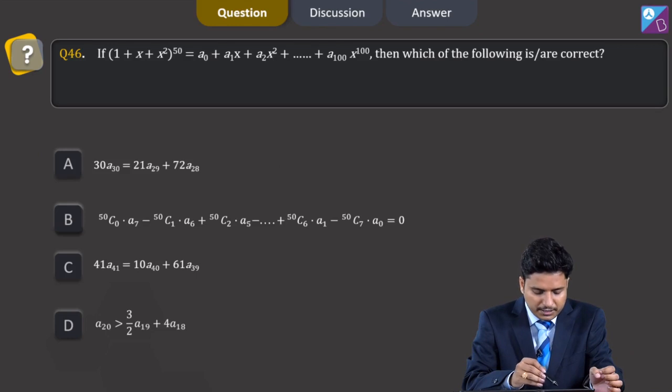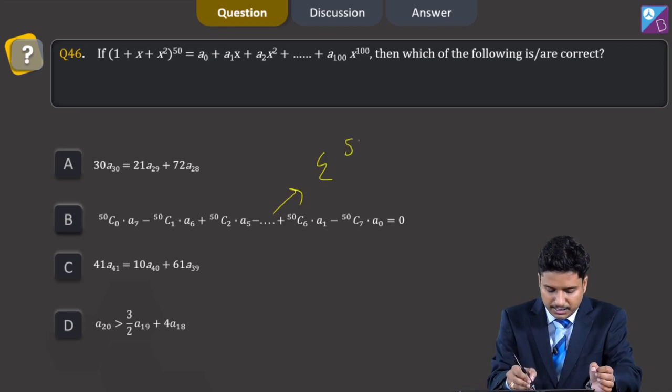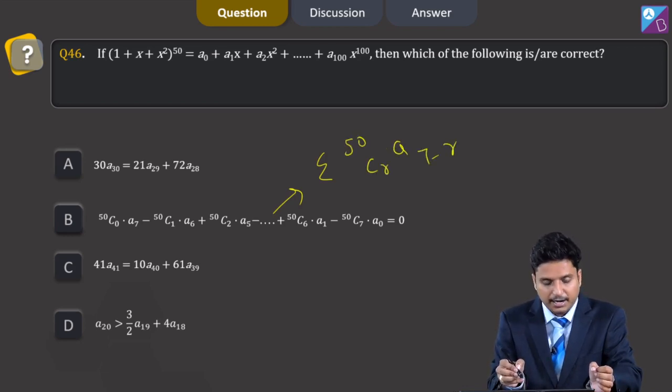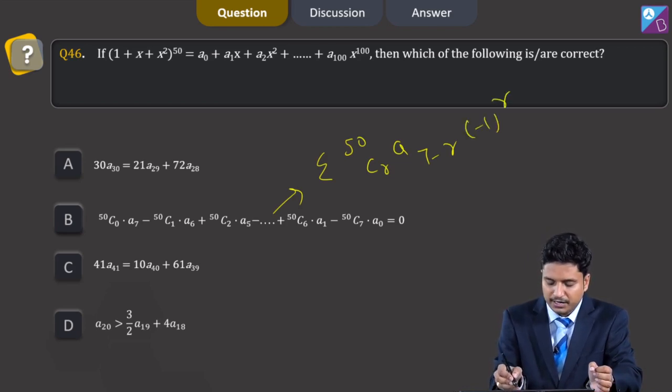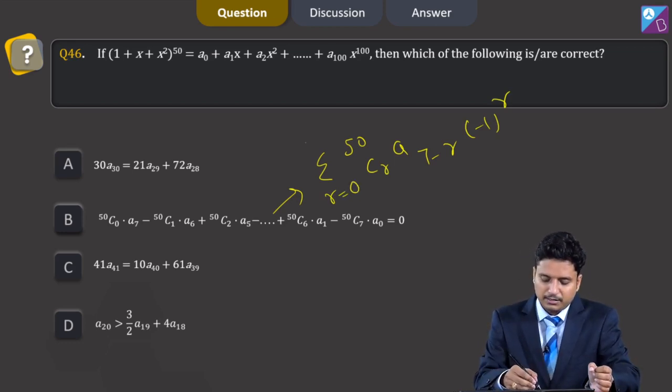Option B is 50C0 a7, 50C1 a6. These terms can be clubbed as 50Cr a(7 minus r) into (minus 1) raised to power r, where r is varying from 0 up to 7.